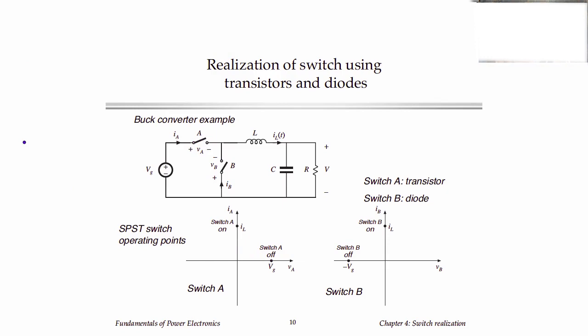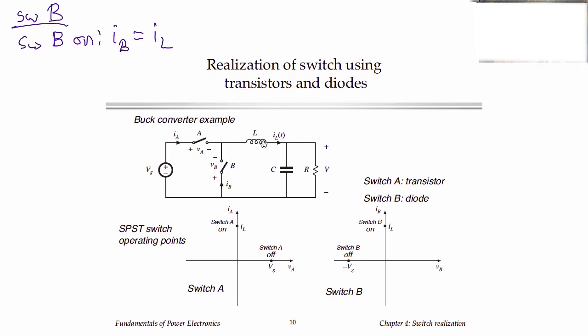Okay, let's consider switch B next. When switch B is turned on and switch A is off, what current does it have to conduct? Well, with switch B on and switch A off, you can see that IB equals IL.